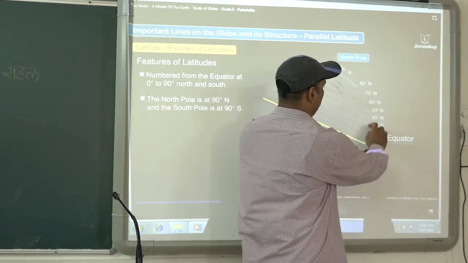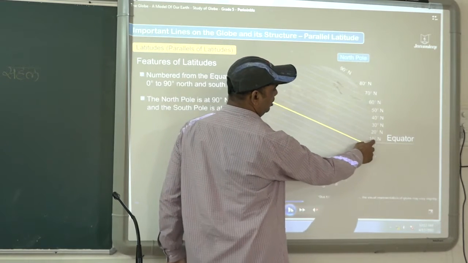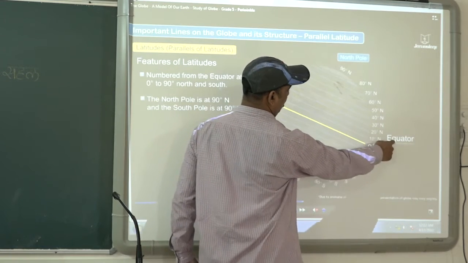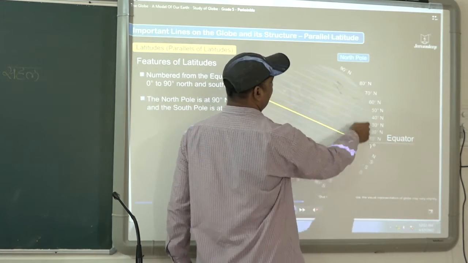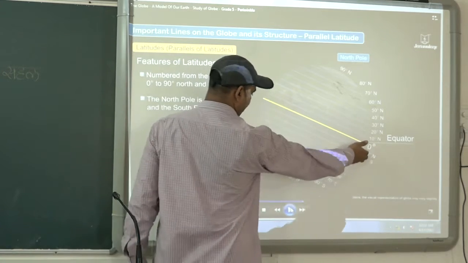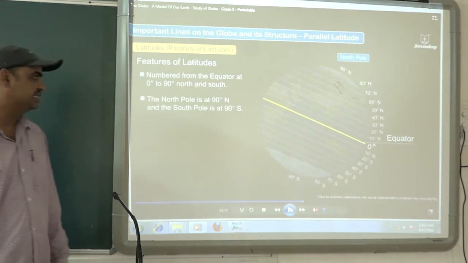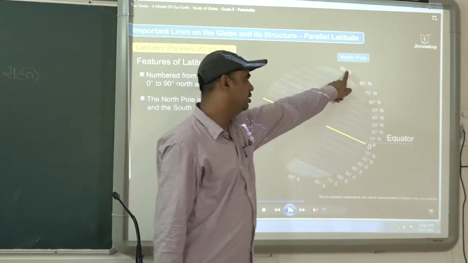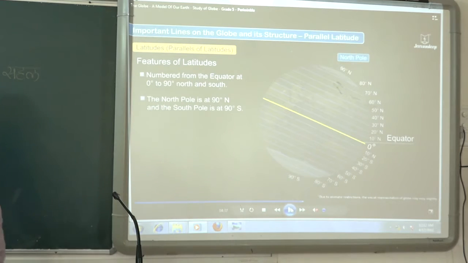From here if you go north, latitudes are 10 north, 20, 30, 40 like this, up to 90 degrees, and downside again we have 90. So North Pole is 90 degree north, and South Pole is 90 degree south.